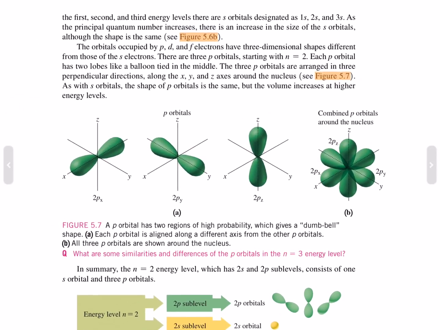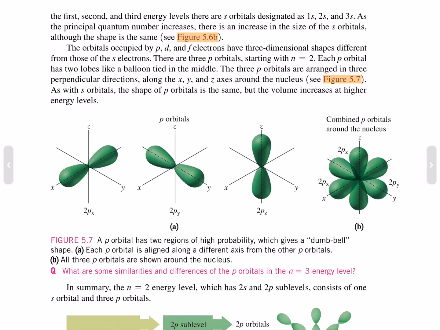For example, in the first, second, and third energy levels, there are s orbitals designated as 1s, 2s, and 3s. As the principal quantum number increases, there is an increase in the size of the s orbitals, although the shape is the same. See figure 5.6. The orbitals occupied by p, d, and f electrons have three-dimensional shapes different from those of the s electrons.